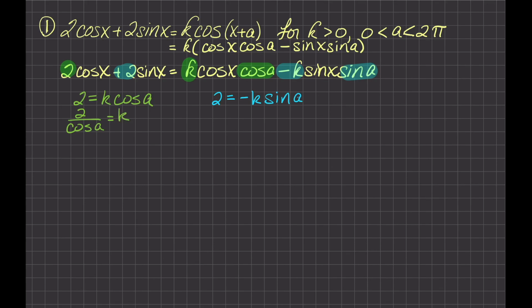Now, if we bring this expression of 2 over the cosine of A into our other equation, bringing together the system through substitution, with our blue pen we have 2 is equal to negative k, which is 2 over cosine of A times the sine of A.